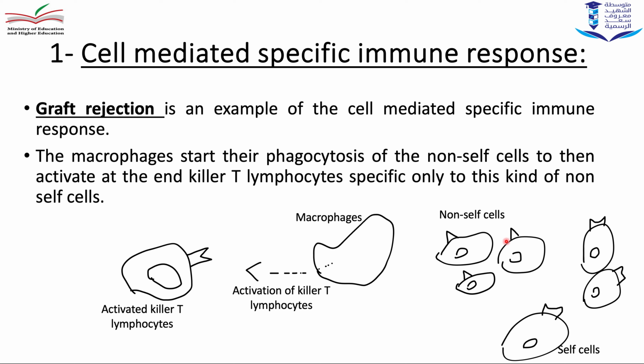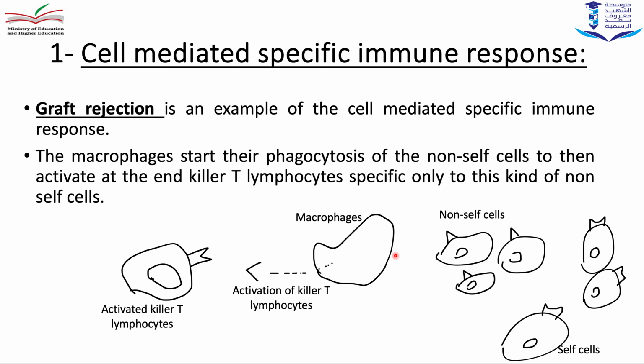Here I have the non-self cells, the allograft, and here the self cells. The macrophages make phagocytosis of the antigen of non-self cells, then activate the T lymphocytes, especially killer T lymphocytes. So here at the end we obtain activated killer T lymphocytes.